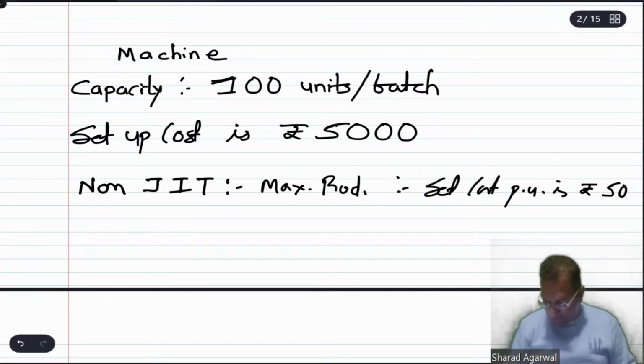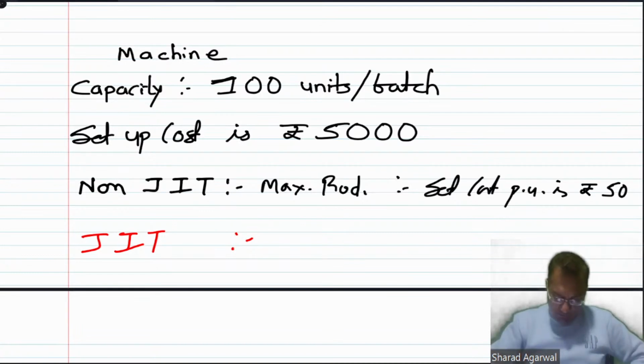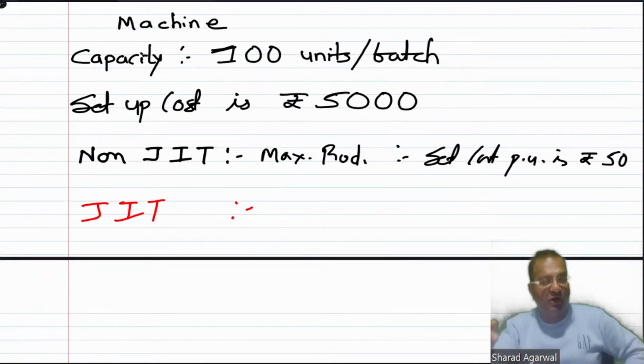Whether this thinking will be equally applicable in case of JIT? क्या JIT में भी हम every time 100 units manufacture करेंगे? Yes or no with logic. In non-JIT, we will produce the maximum units in a batch so that the setup cost per unit will be reduced to minimum. That is, in this case, 50. Now my question to you is whether in JIT system also we will produce 100 units per batch always or not. Yes or no with your logic.